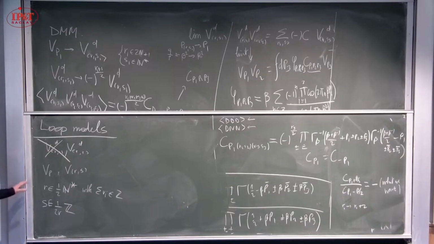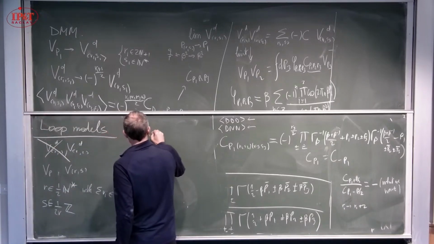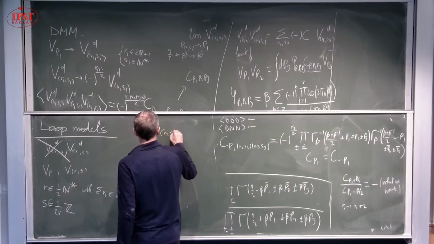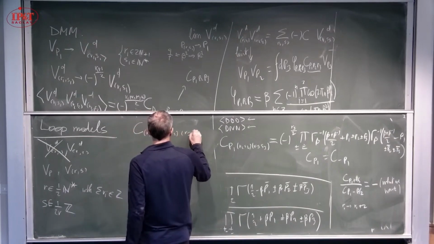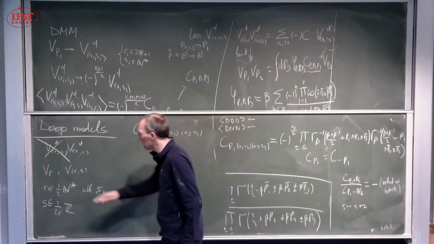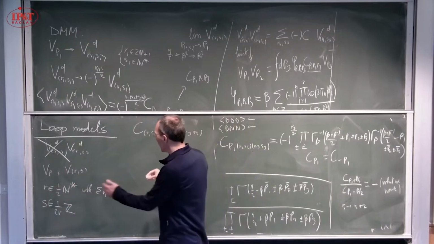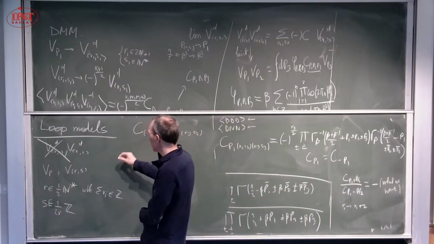So you have correlation functions, well, 3-point functions of the type C with R1 S1, R2 S2, R3 S3. This will also include the case when some fields are diagonal, because you can consider a diagonal field as a V_RS with R equals 0.